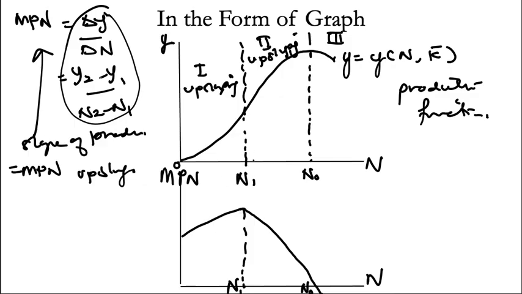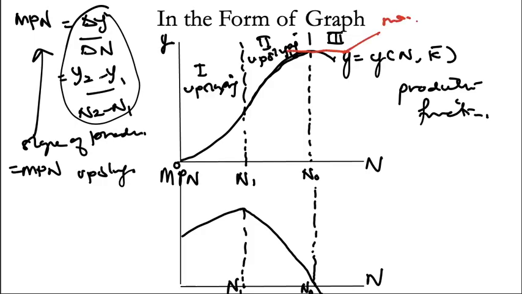But after N1, you can see the convexity changes to concavity in the second segment. This is the concavity of the curve. When it is concave, it is increasing because the slope is still upsloping, but at a decreasing rate. How do you know? Because the slope value decreases from one labor to another additional labor, up to the point when it reaches N0 labor, where we have maximum total product.